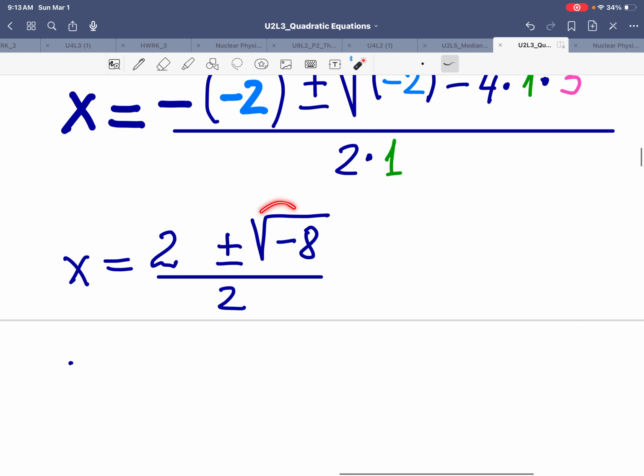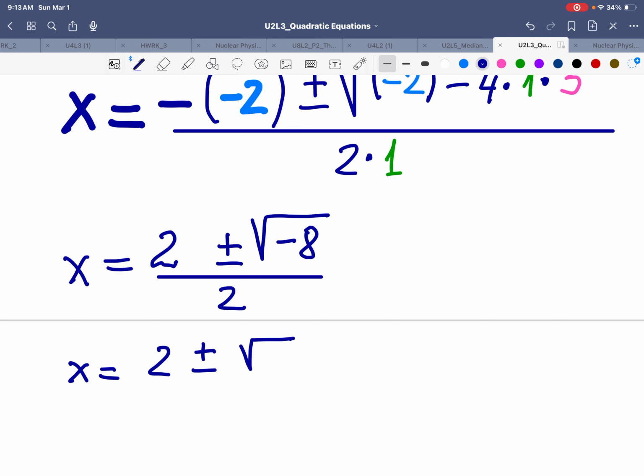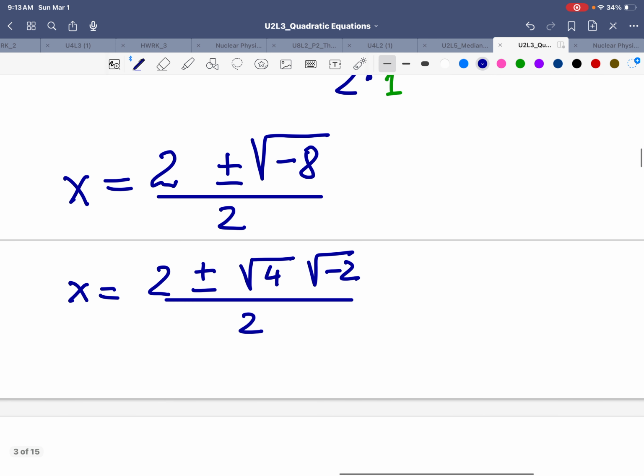This is a radical. It's also an imaginary term, so it doesn't exist in the real set of numbers, but we still have to simplify it. So we have the square root of 4, the square root of negative 2, divided by 2. The square root of 4 will simplify to positive 2, root of negative 2, divided by 2.